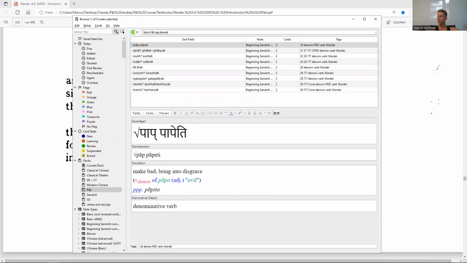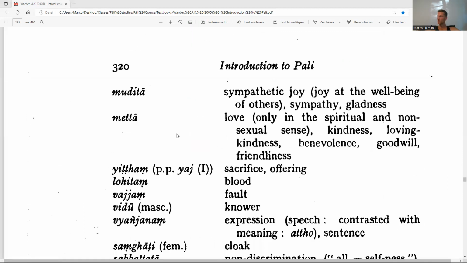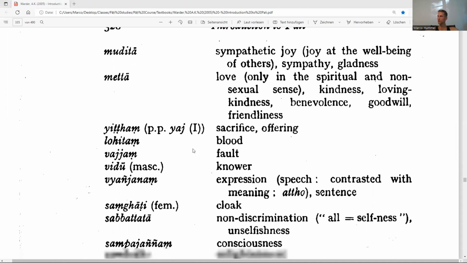All right, moving on to the vocabulary. We start off with mudita, sympathetic joy, or joy at the well-being of others, sympathy or gladness. Metta, love, meaning only in a spiritual and non-sexual sense, kindness, loving kindness, benevolence, goodwill, friendliness.